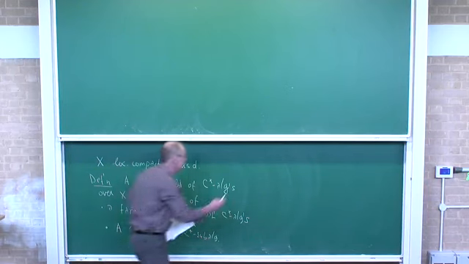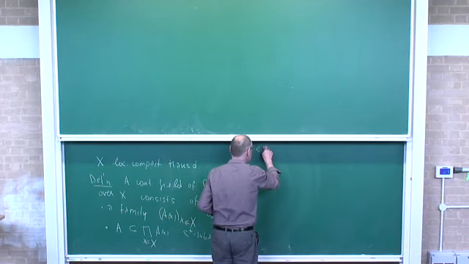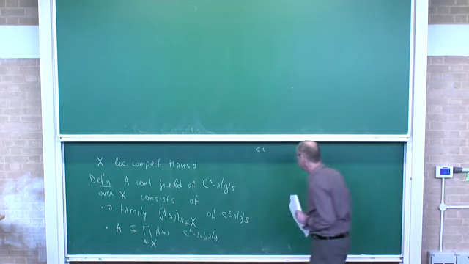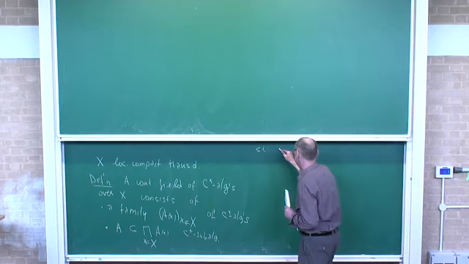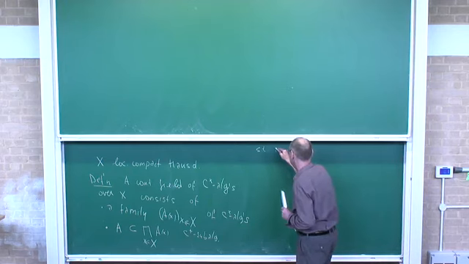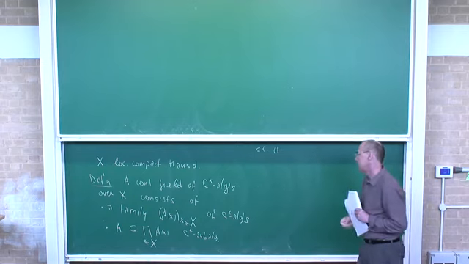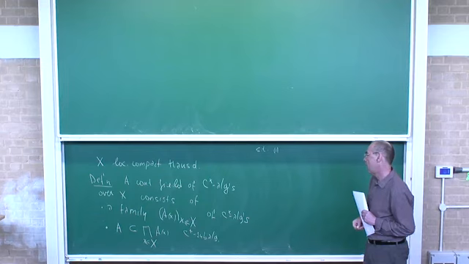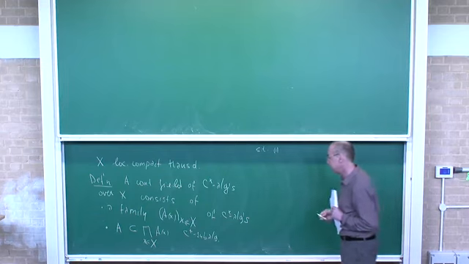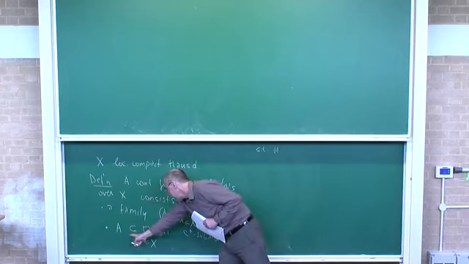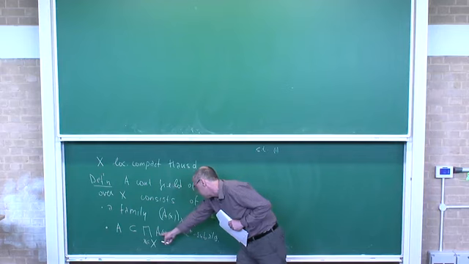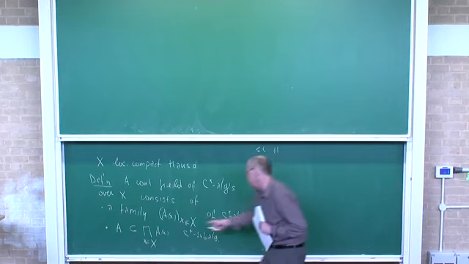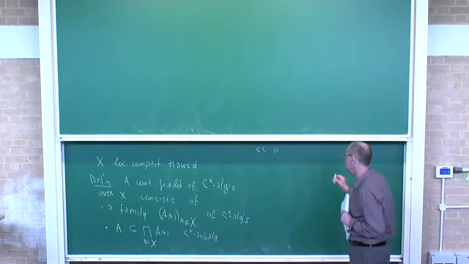Okay, and of course they need to satisfy a number of conditions. So we have an element of A. If it sits here, it has coordinates belonging to these algebras, A_x, right?